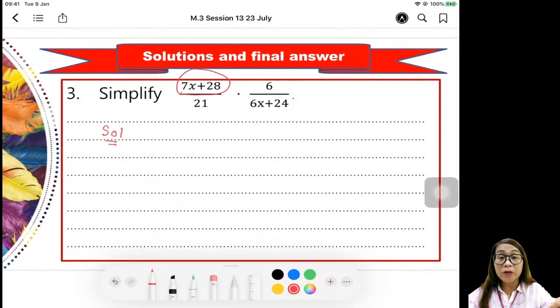Can you type in your answer? Only one number, right? Let's see if you can give me the answer from M3/1. Can you type your answers? Okay, you are from M3/2.